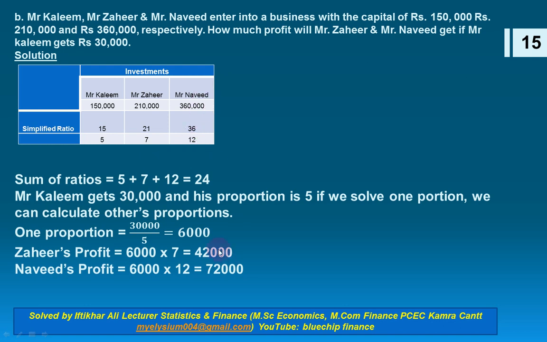So one portion is 6,000. 30,000 divided by 5 equals 6,000. 6,000 multiplied by 7 equals 42,000, and that is the profit portion of Zahir. And similarly 6,000 multiplied by 12 equals 72,000, and that is the portion of Naveed's profit.